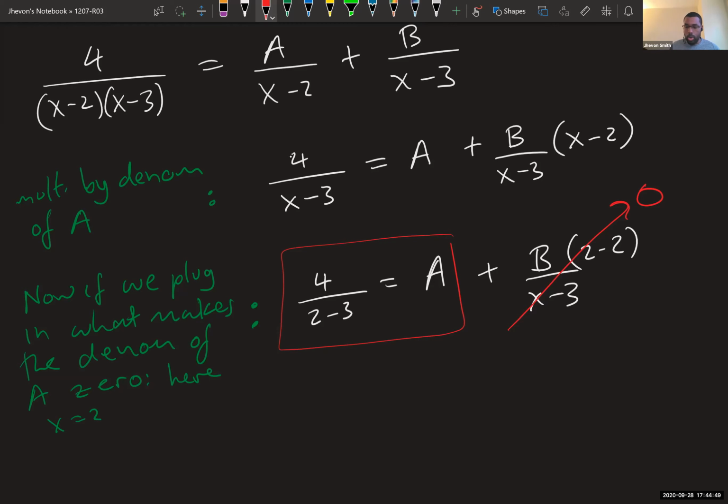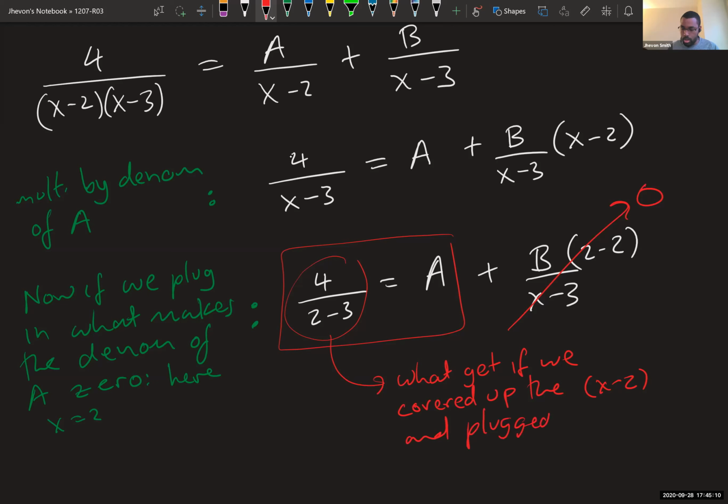Now, what I want you to notice is that this part here is what we get if we covered up the x minus 2 and plugged in 2 in the original left side.